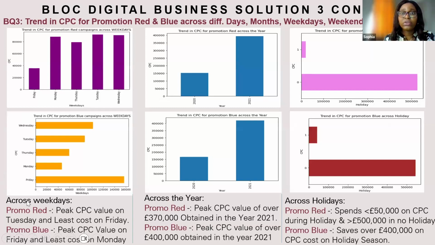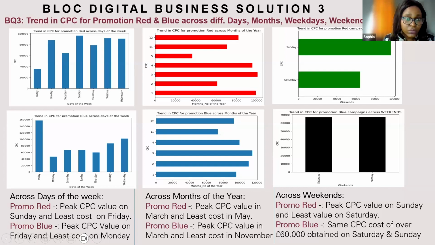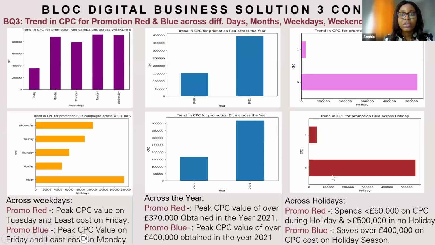Then we were also told to get the trend in CPC for promotion red and blue across weekdays, year, and holiday as well. So this is for weekdays, year, and holiday, while the other one was for day of the week, year, and weekends.